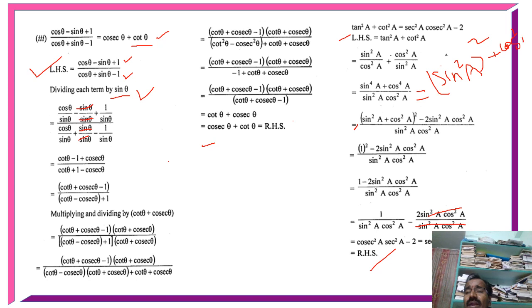The denominator is the same, sin square a cos square a. In the numerator we applied a formula which you learned in the previous class: a square plus b square equals a plus b whole square minus 2ab. Here a is sin square a and b is cos square a. Simplified, we got it. Let us go with the next slide, students.